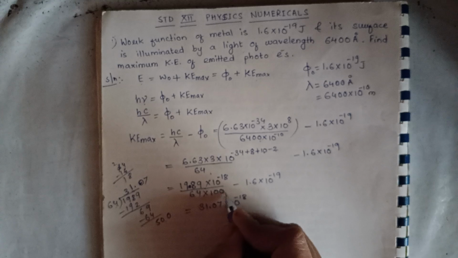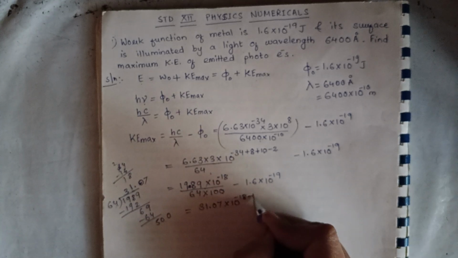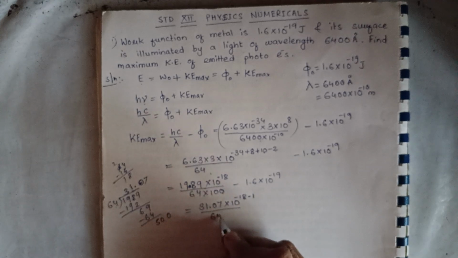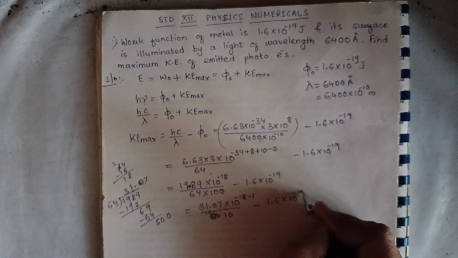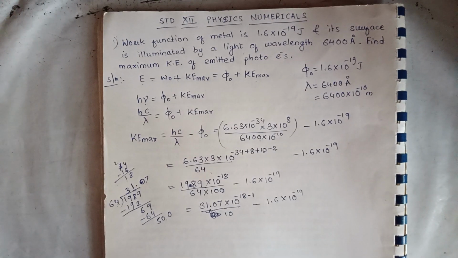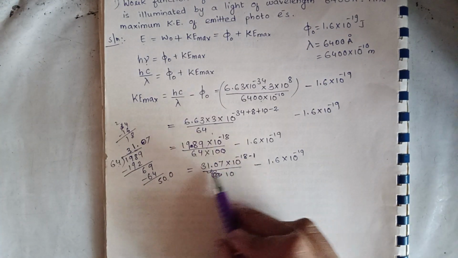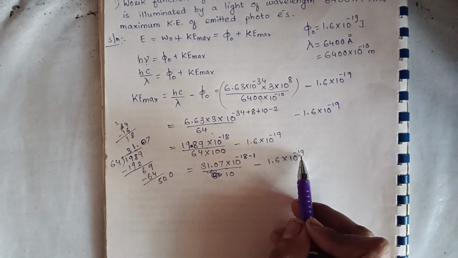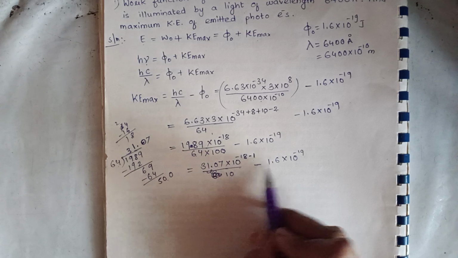And the 10 I'll take in the numerator, so it will be minus 1. Why did I do this? Minus 18 minus 1, because here 19 is there, and here also I want 19, because we have to subtract this.